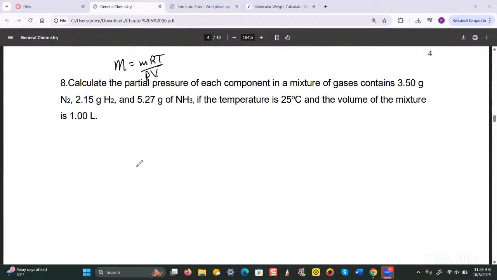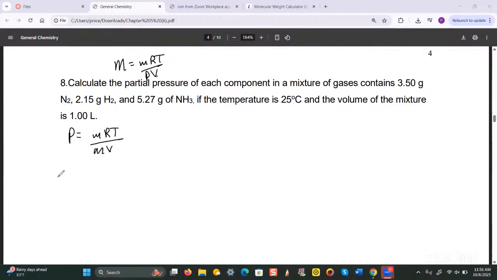Now, in this particular case, the question is asking for the pressure of each gas. So I can rearrange this to solve for P, which is equal to mRT over uppercase MV. This is the equation that you're going to apply to each of the gases in this question.